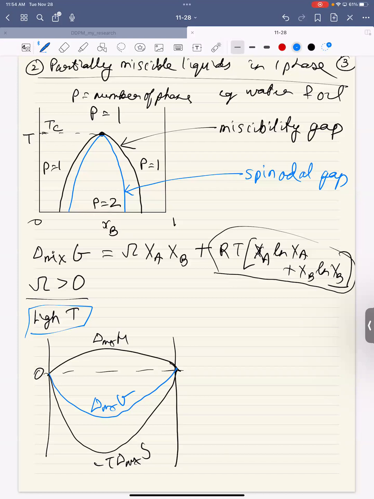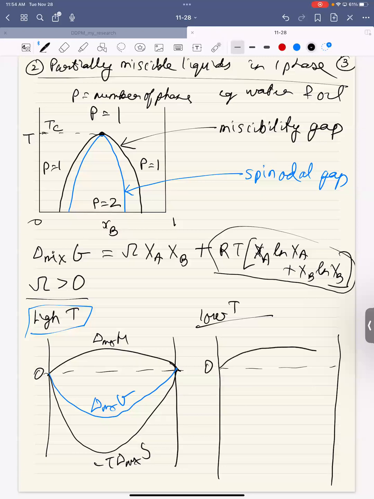But if you have low temperature, that's when we saw interesting physics emerge. At low temperature, we found that, does temperature affect delta mixing H? No, it's just omega XA XB, right? There is no effect of temperature.